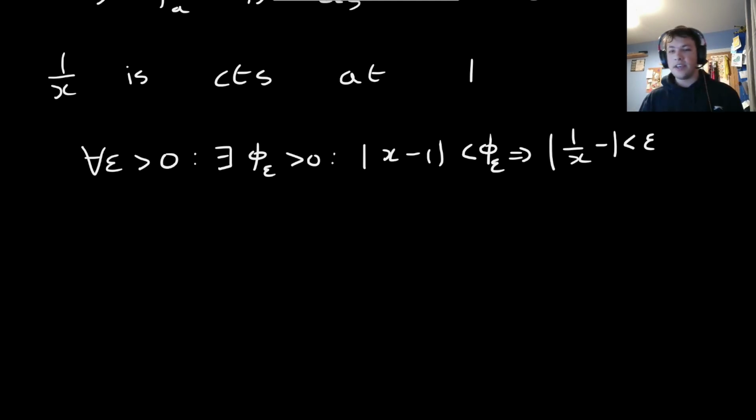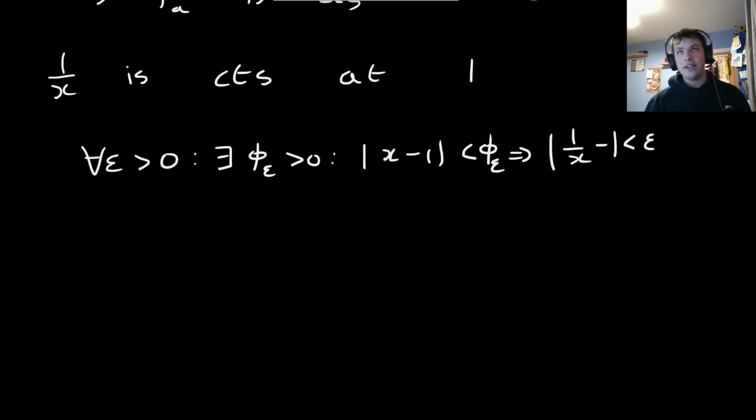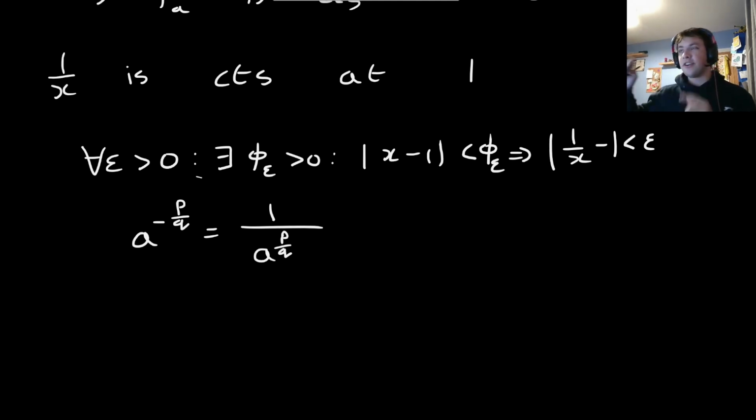So continuity, but for 1 over x now. And then we say that, well, because we know that a to the negative p over q is 1 over a to the p over q, we can use this continuity on both sides to bring our continuity from above into continuity from below.